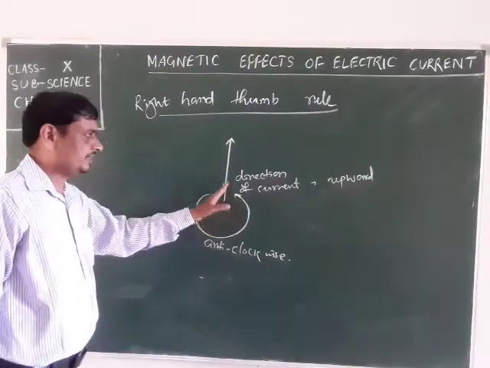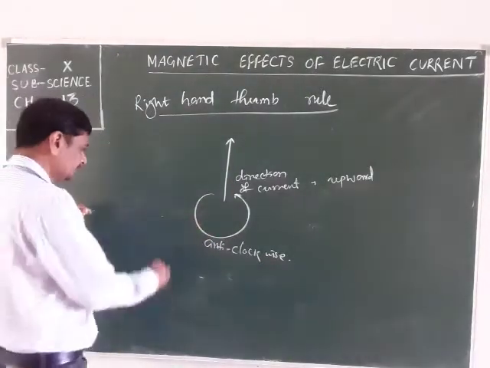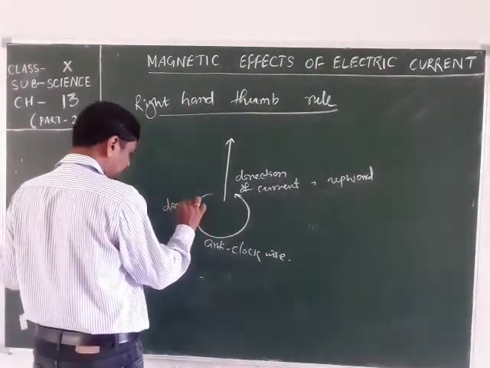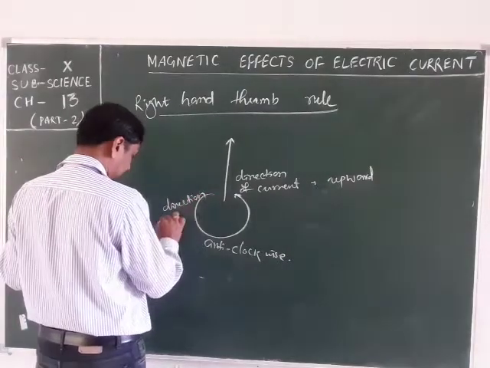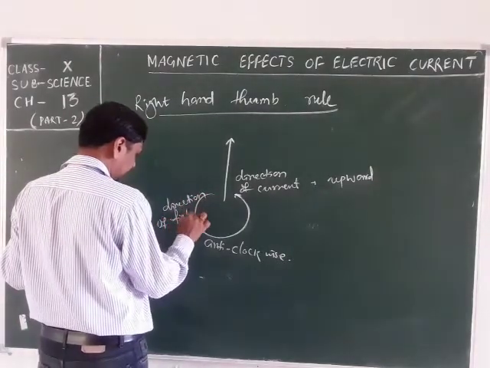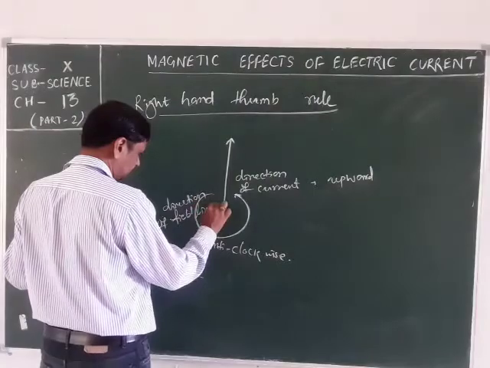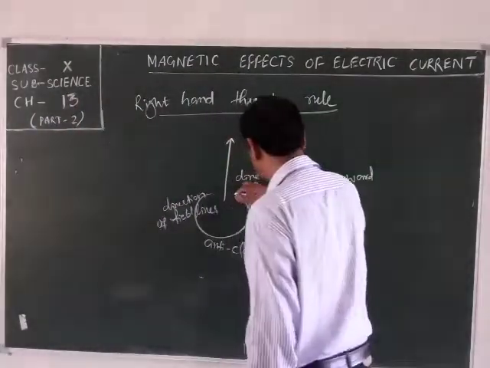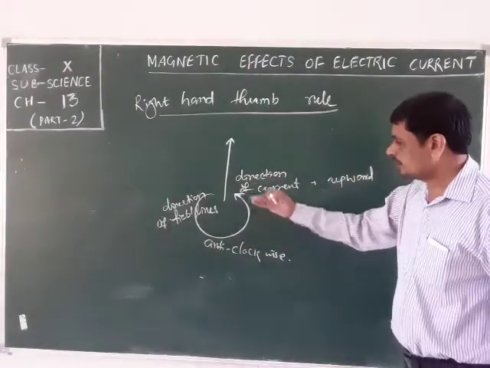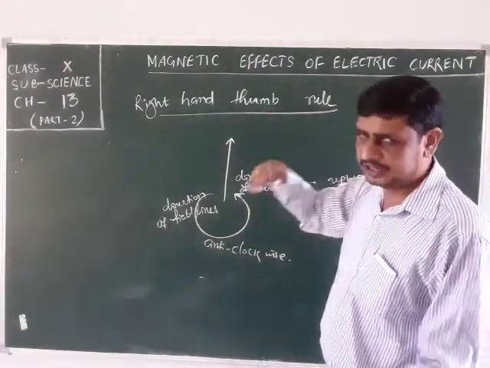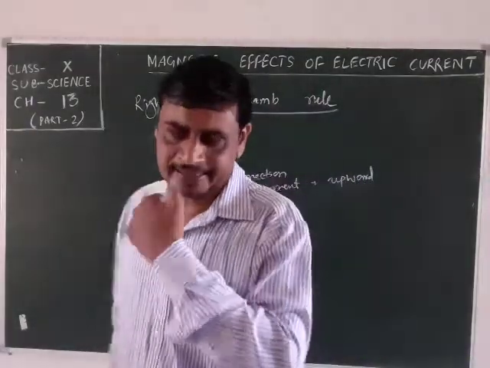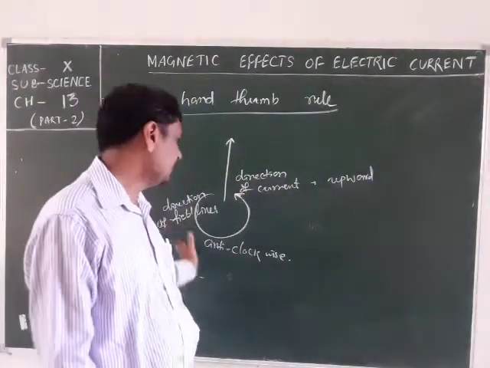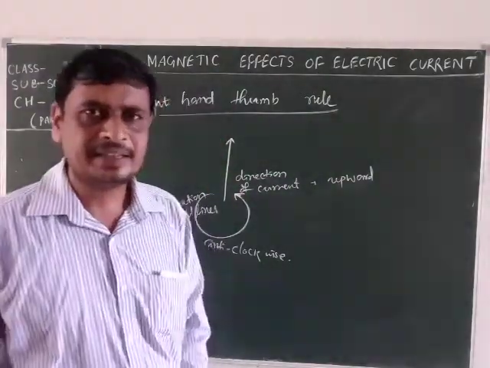It is the direction of the field lines. So when current moves from bottom to top, or in the upward direction, then field lines will move in the anti-clockwise direction.